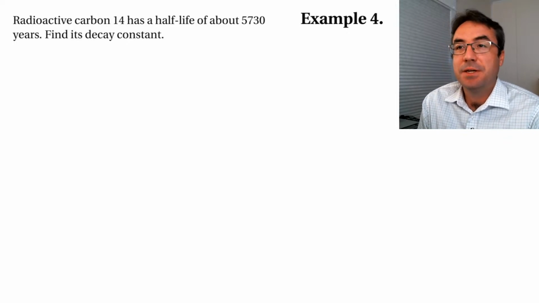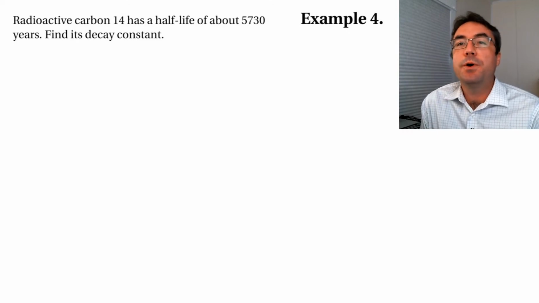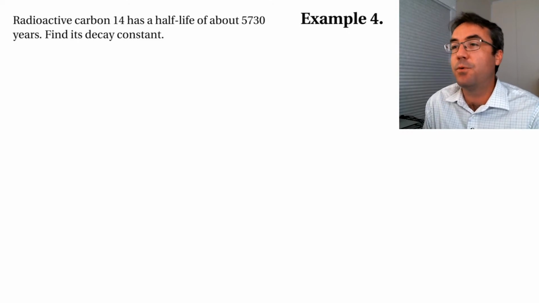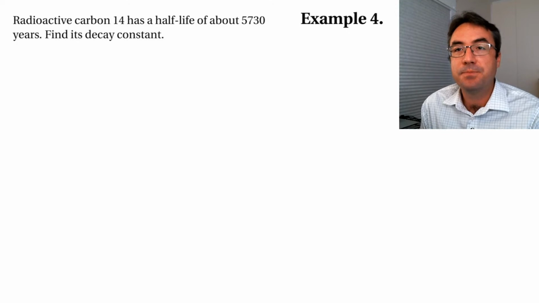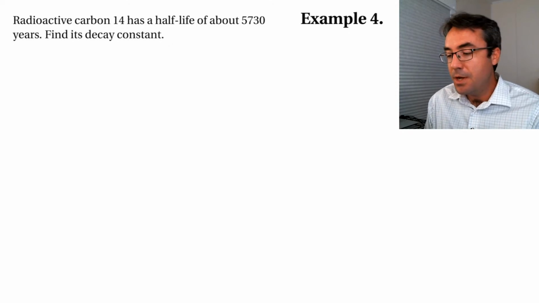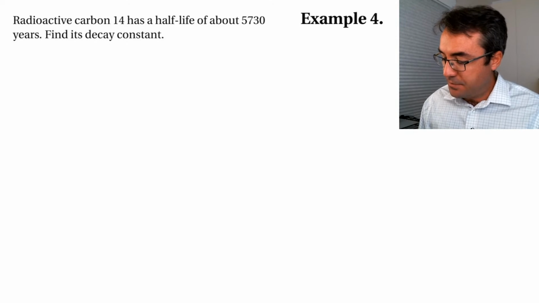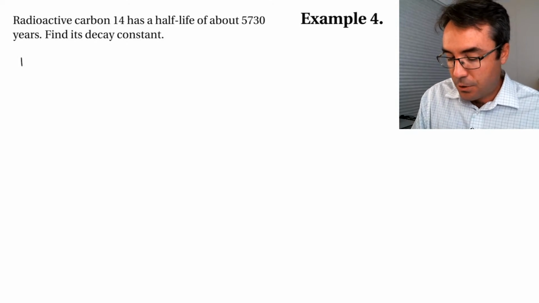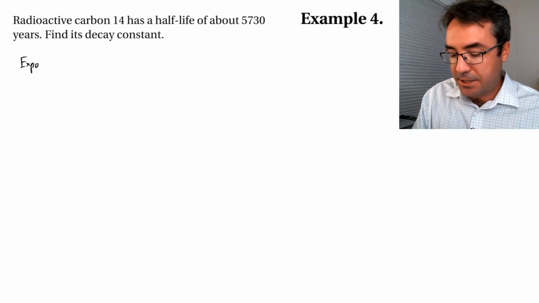All right, so we're going to look at this example 4, and we're going to look at radioactive carbon-14, and it has a half-life of about 5,730 years, and we're going to find its decay constant. So we're talking about radioactive decay, so let's write down our exponential decay formula.